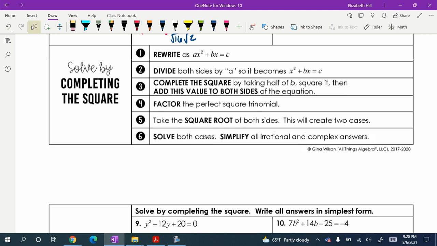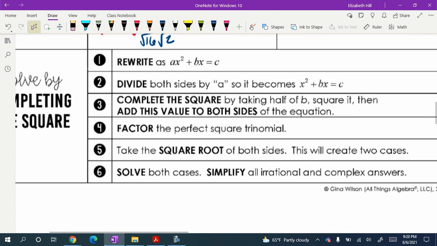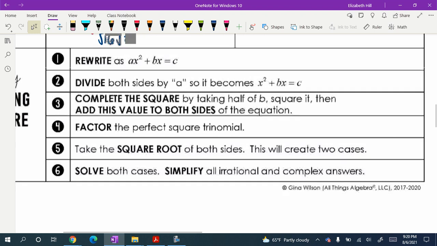So you're going to want to write these steps down, and we'll go through these. So first of all, rewrite. Zoom in on this a little bit here. So the first thing you're going to do is, unlike what we were doing when solving with factoring, where we set the equation equal to 0, here you actually want to get that constant term by itself on one side of the equation.